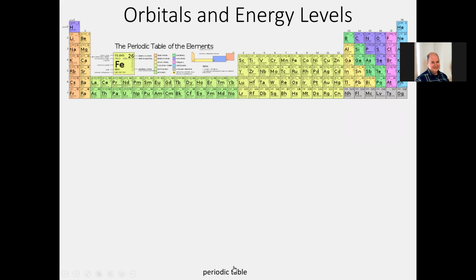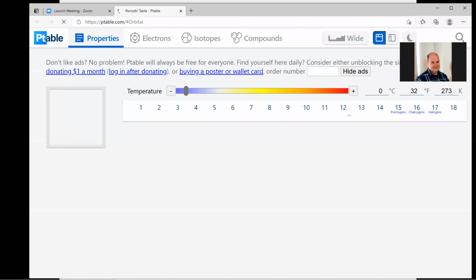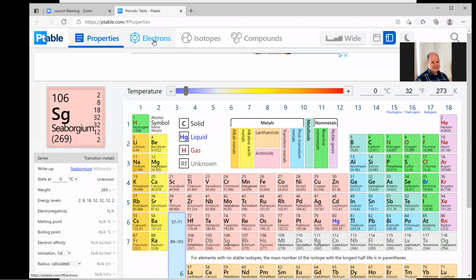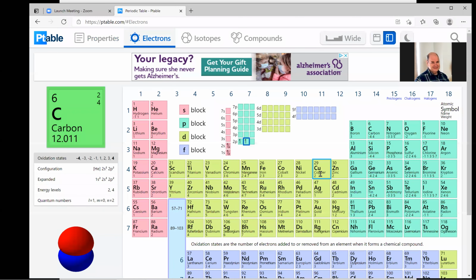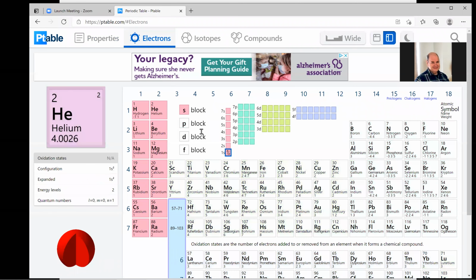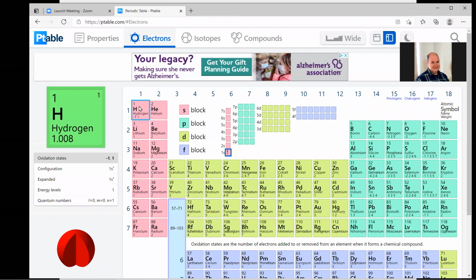And I'll leave you with this one. This is a live link. You'll come out on your presentation as well. Choose this one here. Choose the electron version of the periodic table. You'll get those colored blocks just as we saw, the same colored blocks for the same reason, the S block, the P block, the D block, etc. But if you just hold your cursor over the different elements, you will see 2 things.